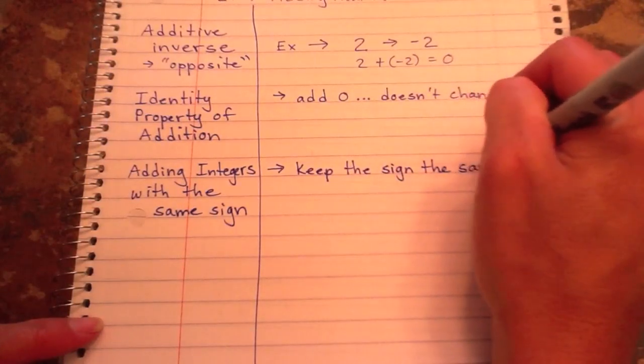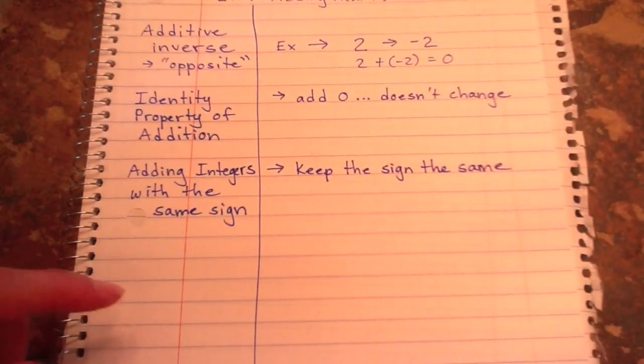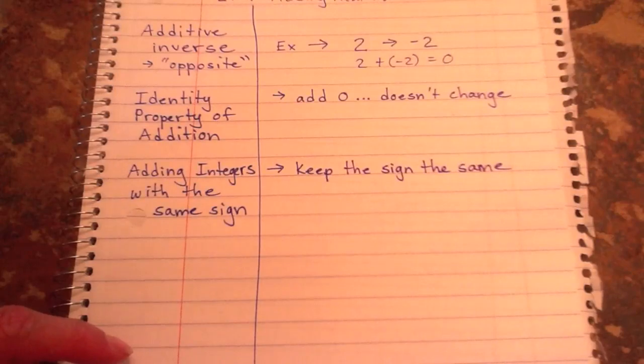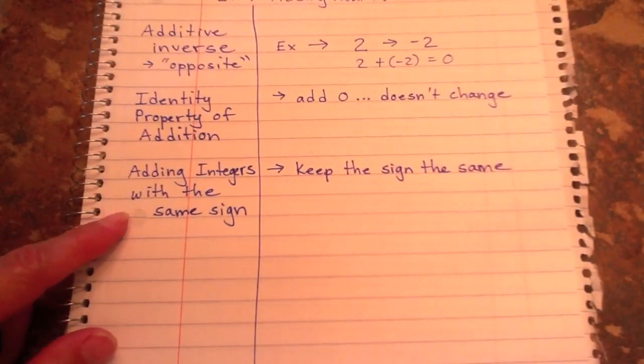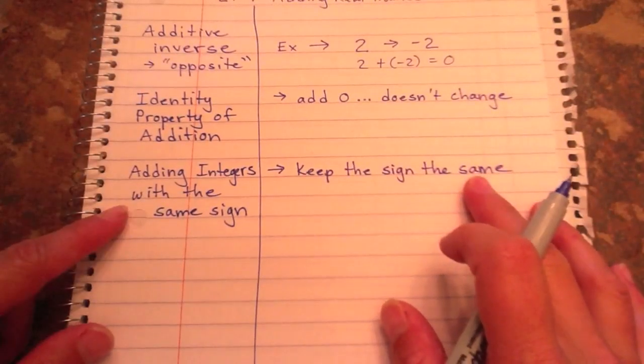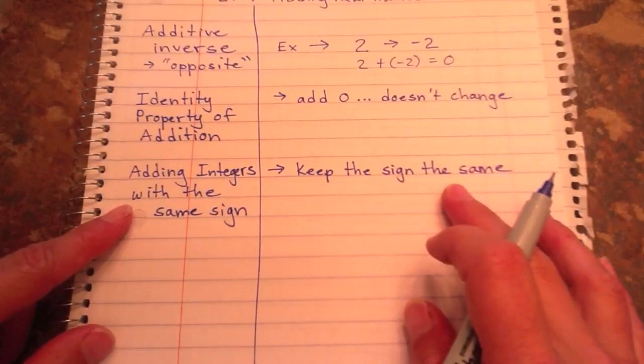I think some of you have heard this as same sign sum, which means keep the sign the same, add it. And this is going to work with positives and negatives. So if I'm adding 2 positives, I add them, it stays positive. If I'm adding 2 negatives, I add them, it stays negative.